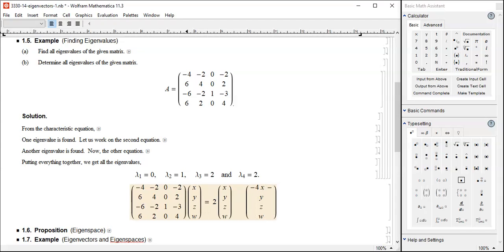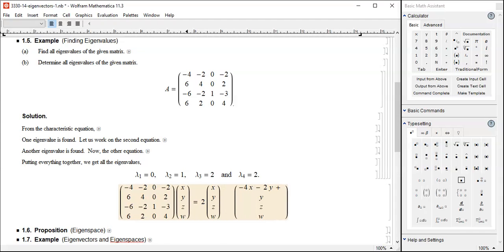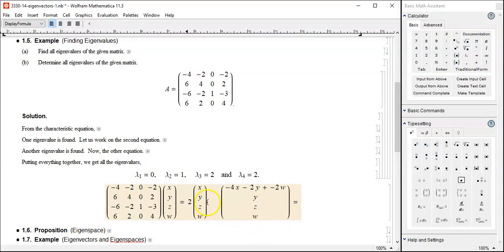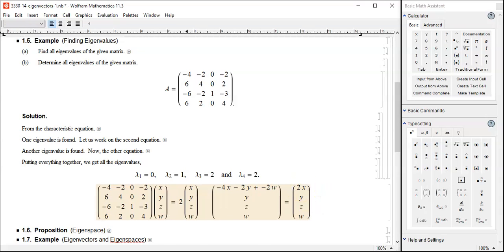Negative 4x minus 2y plus 0z minus 2w equals 2x. Next, 6x plus 4y plus 0z plus 2w is equal to 2y.